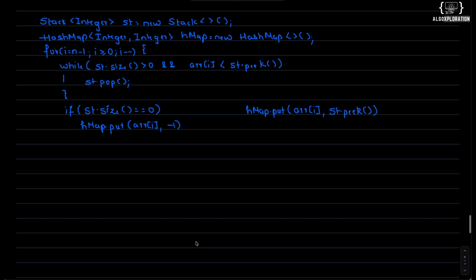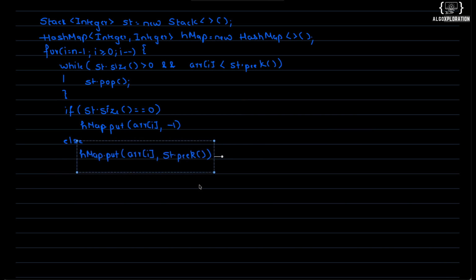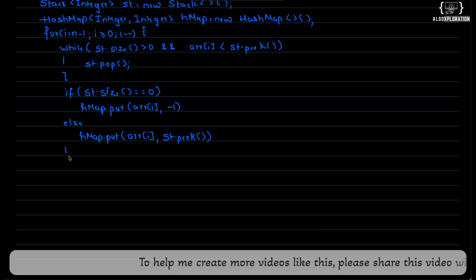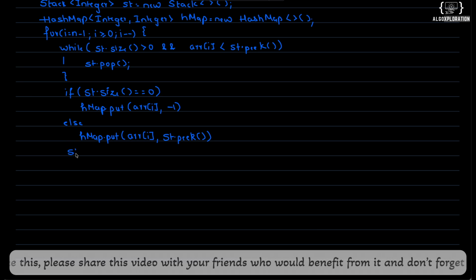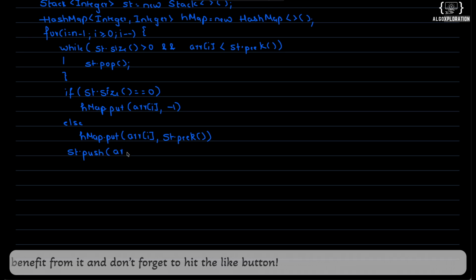But if the stack is not empty, then I will have this function. Now I am done with the storing part. Now, as I told you, for each and every iteration, I need to store the current element into the stack. So stack.push current element. And that's it, we are done.